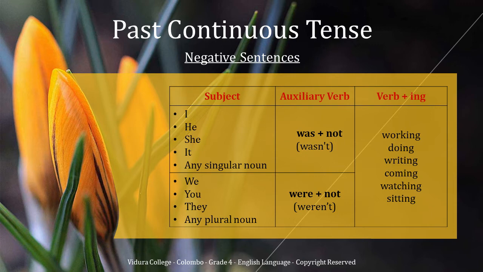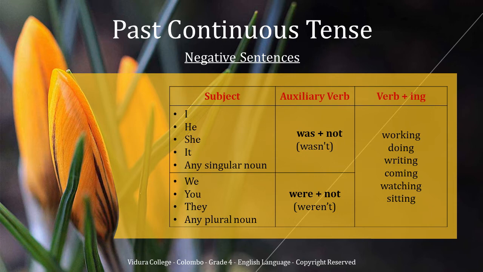So the auxiliary verb for the negative sentence should be was not. What is the contraction form of was not? It should be wasn't. What is the contraction form of were not? It is weren't. As I mentioned earlier, first there should be a subject, then the auxiliary verb and the verb with ing.